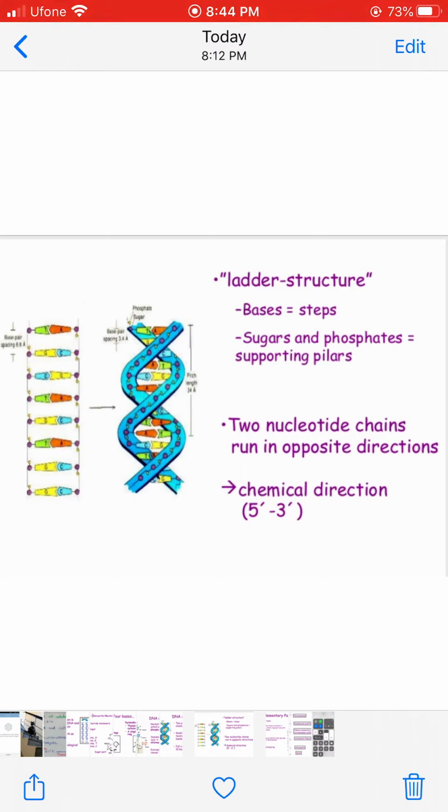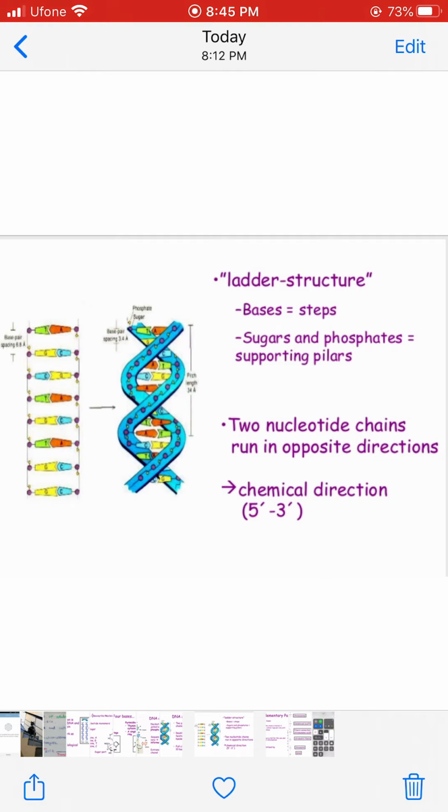And the most important thing is that in the DNA sequence, these two nucleotide chains run in opposite directions. If one strand is from 5' to 3' direction, then the other strand must be from 3' to 5' direction to compensate the bonding of the bases.